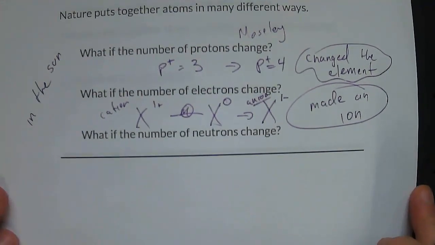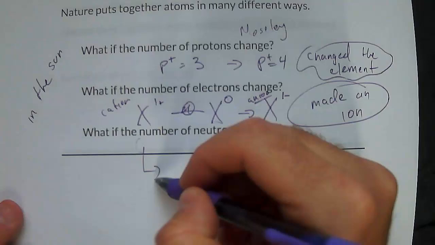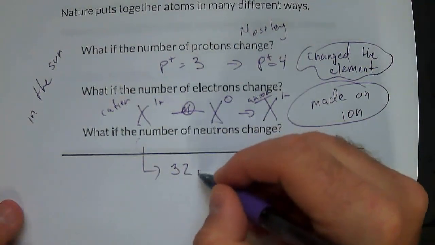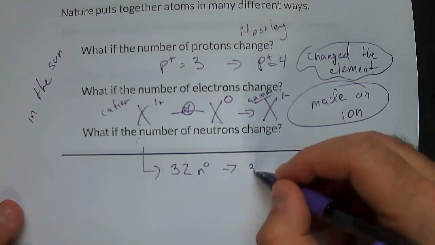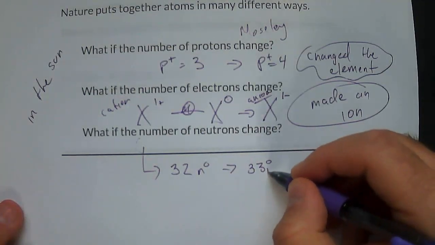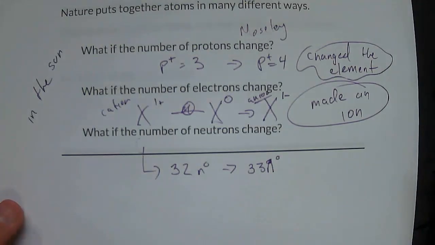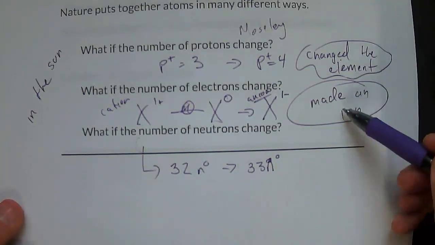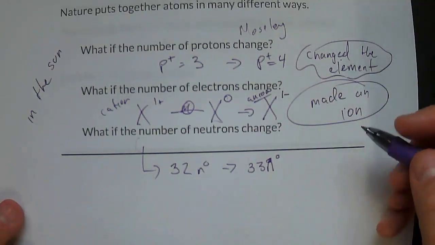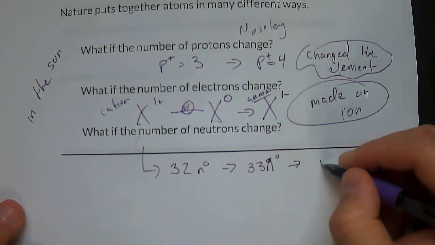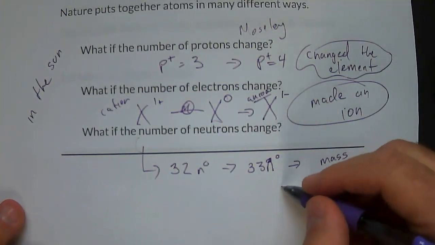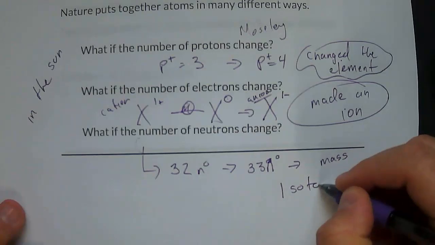But if we change the number of neutrons, if we go from 32 neutrons to 33 neutrons, that doesn't change the element. It doesn't make it an ion because there's no charge. What that does is it changes the mass. And when it changes the mass, this is something called an isotope.